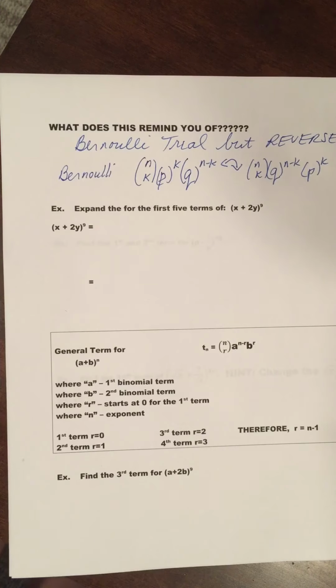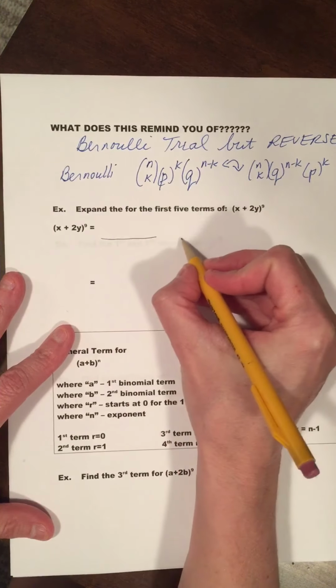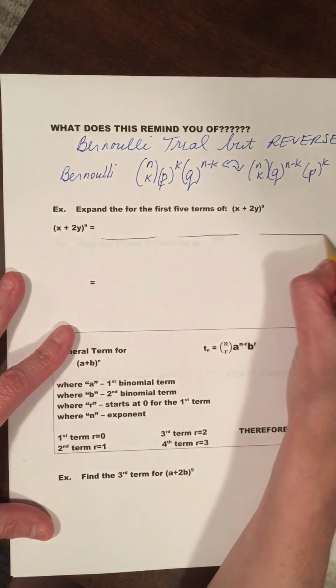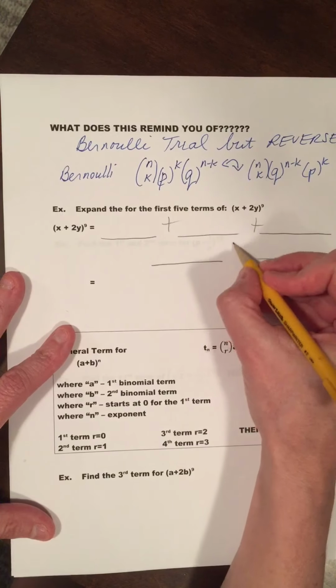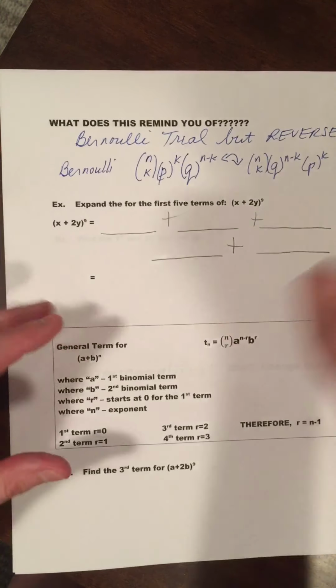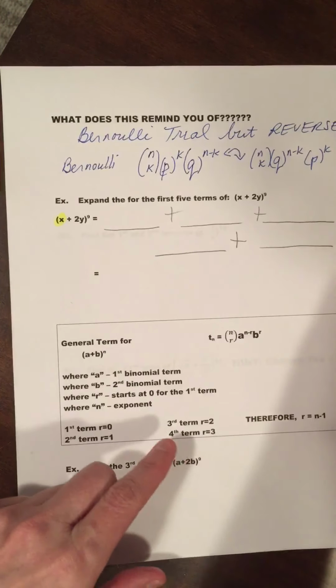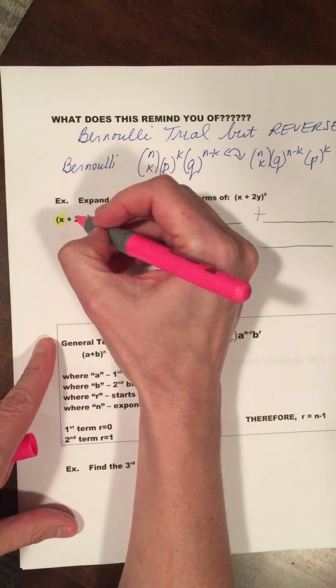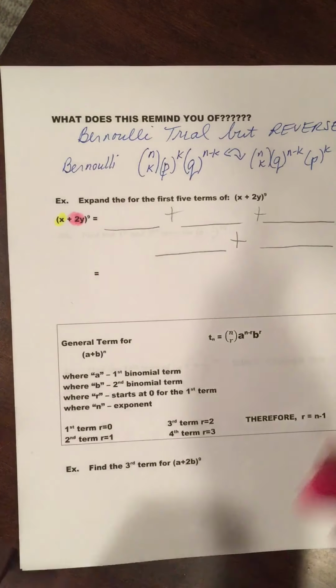It says, can you please expand and give me the first 5 terms? So 1, 2, 3, 4, 5. My x is the first term in my binomial expansion, and 2y, positive 2y, is the second term.